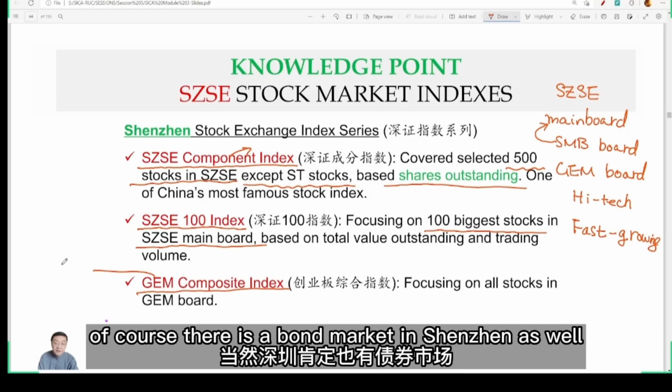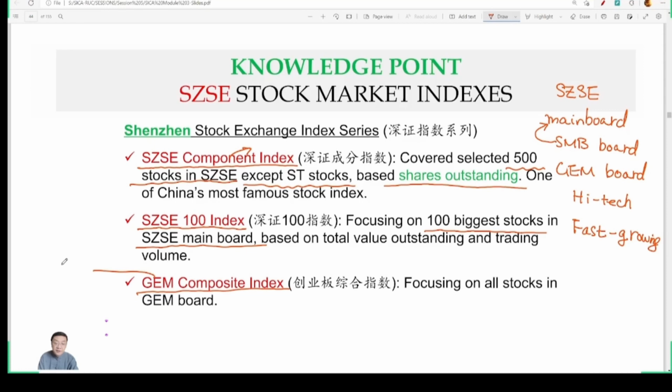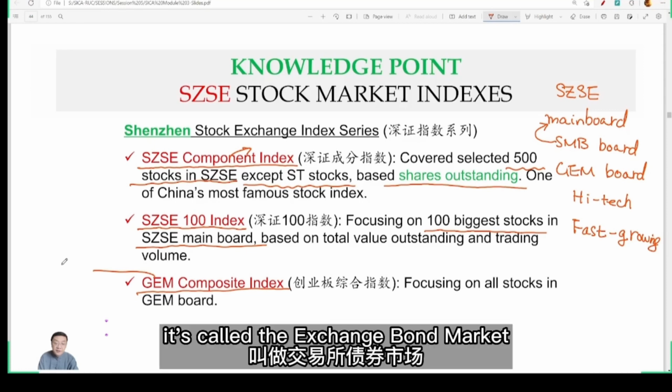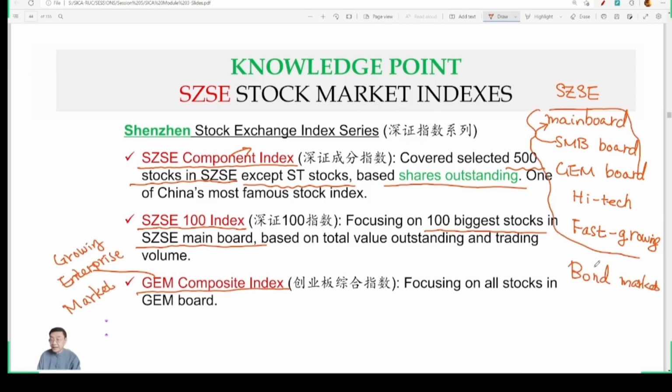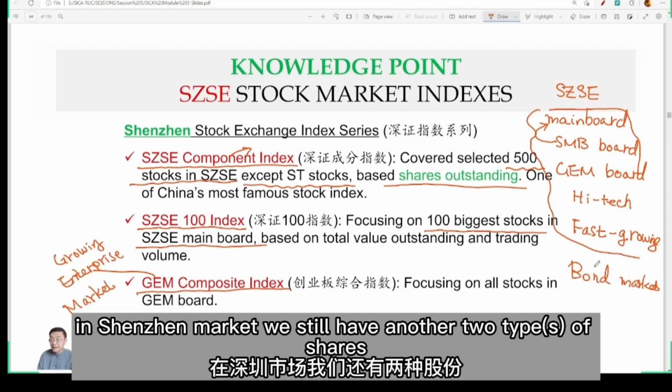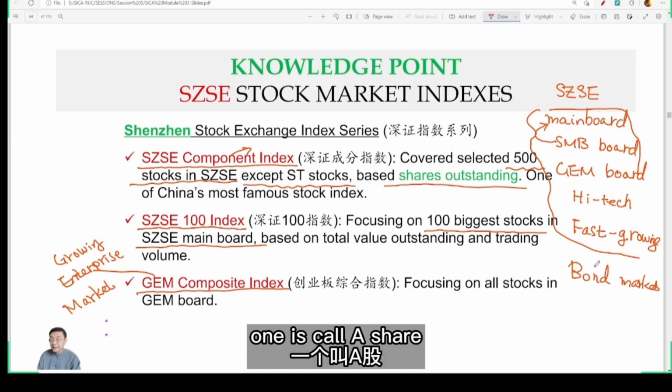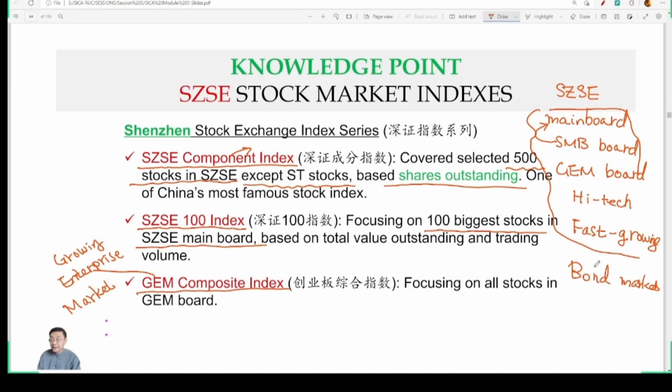Of course, there is a bond market in Shenzhen as well. It's called the exchange bond market. In Shenzhen market, we still have another two types of shares. One is called A share, another is called B share.